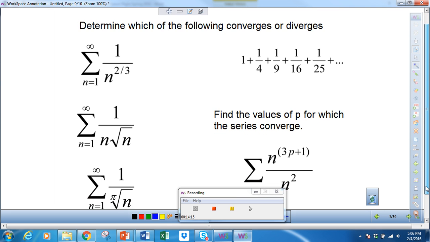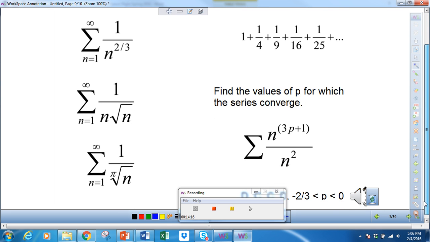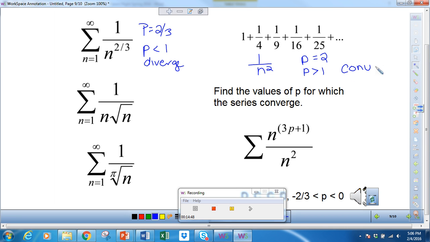Okay, let's look at these examples quickly. All of these are p-series, I think. So in this case, p is equal to 2/3. Because p is less than 1, we say this diverges. We have to try to determine what p is on this one, but I have 4, 9, so it looks like I'm squaring them, so I would say that's 1 over n squared. And since p is equal to 2 and p is greater than 1, this converges.